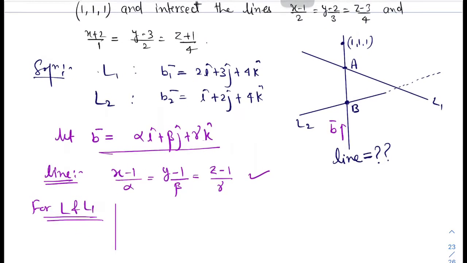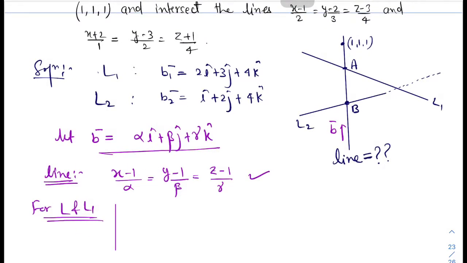So we will write the condition for shortest distance equal to 0, and that is the scalar triple product of A2 minus A1, B and B1. Line L1 was passing through the point 1 comma 2 comma 3.